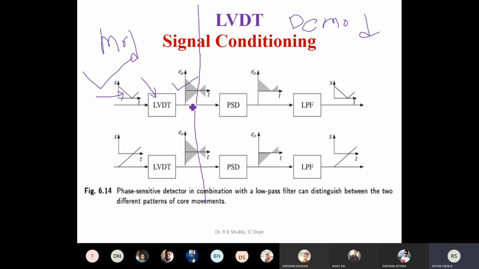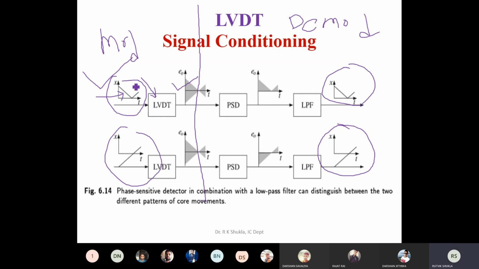This is the part in which you are again getting your original signal back. So this is a step in which you are differentiating your input and the carrier frequency, that is your excitation frequency. Clear? This is your modulation part, this is called the demodulation part.